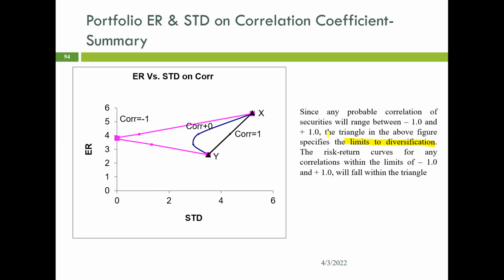So if you use two stocks and construct the portfolio with different correlation structures, all the portfolio risk and standard deviation numbers will fall within this triangle, or within this diversification limit. This is with the two stocks.